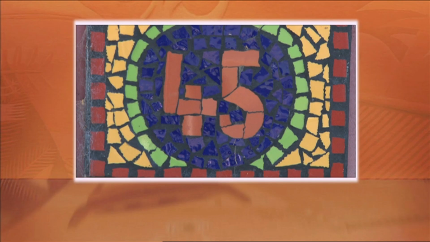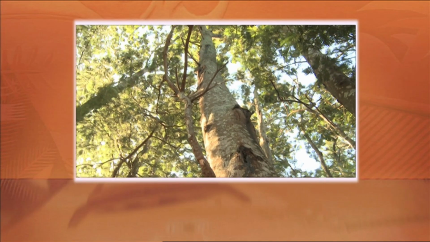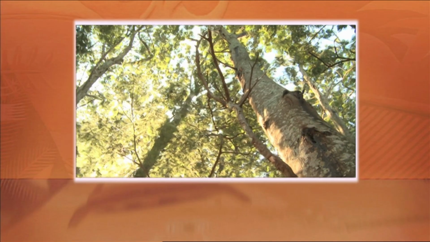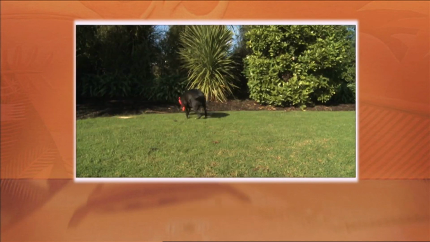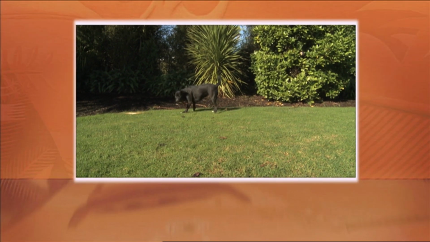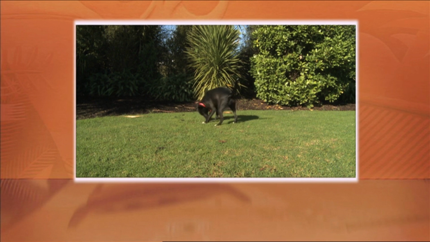Whā te kau mārima, 45. Peka, branch. Kuri, dog.